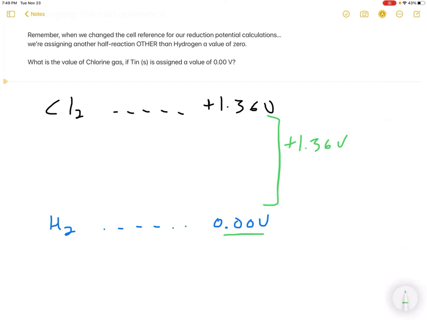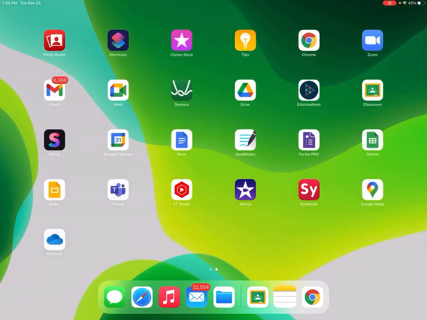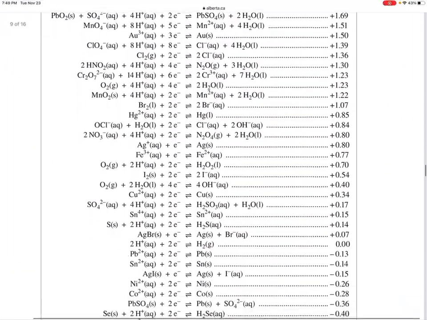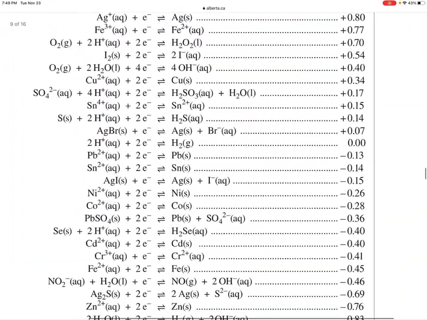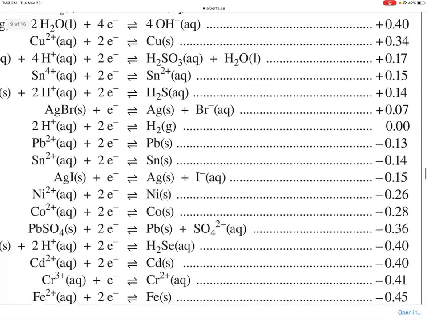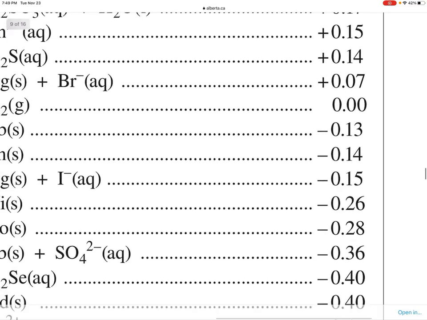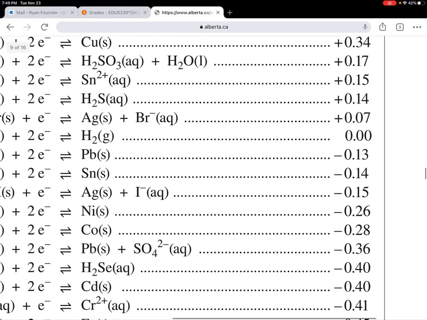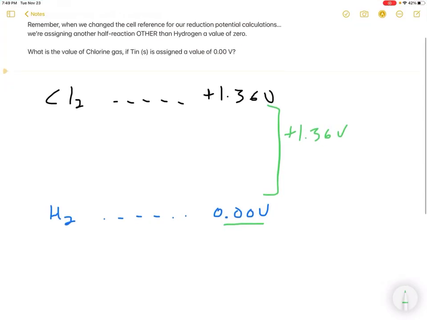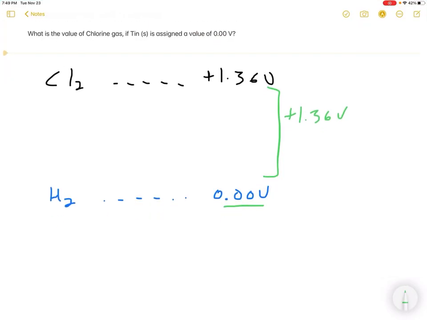So let's say I go as the question suggests, and tin becomes the new potential. So let's go and look at tin, and it's tin solid. Here you go. So we found tin solid, and we can see that it has a reduction potential of negative 0.14. Okay, so now we go back, and we would write tin below, so that'd be Sn solid, and that'd be negative 0.14, sorry.